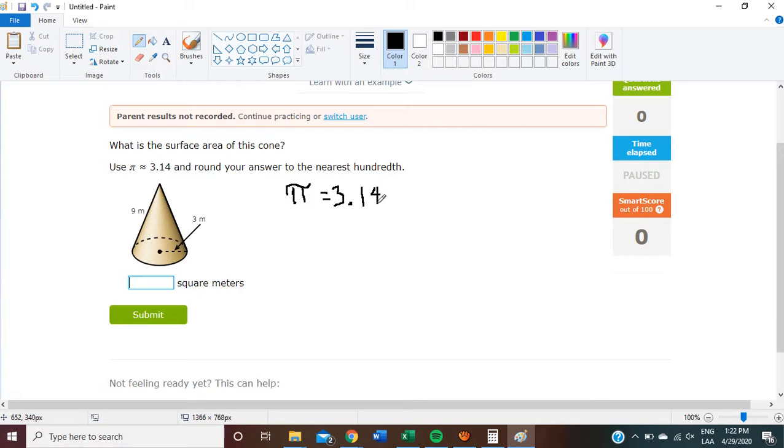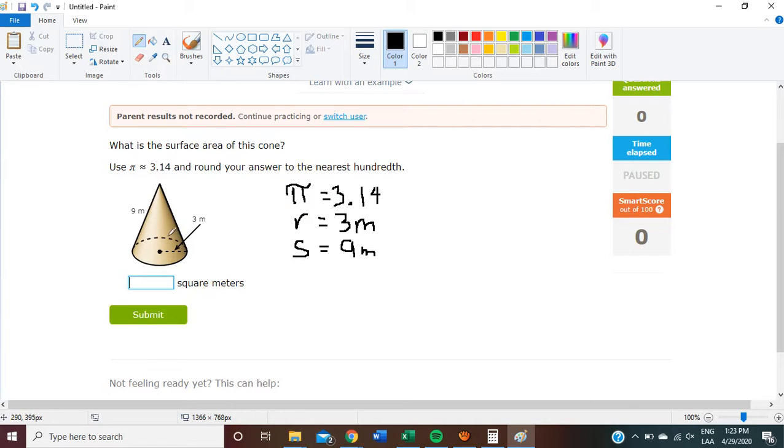So this is pi. The radius in this case equals 3 meters. We know that it's meters. Let's write meters right here. And the slant height equals 9 meters.